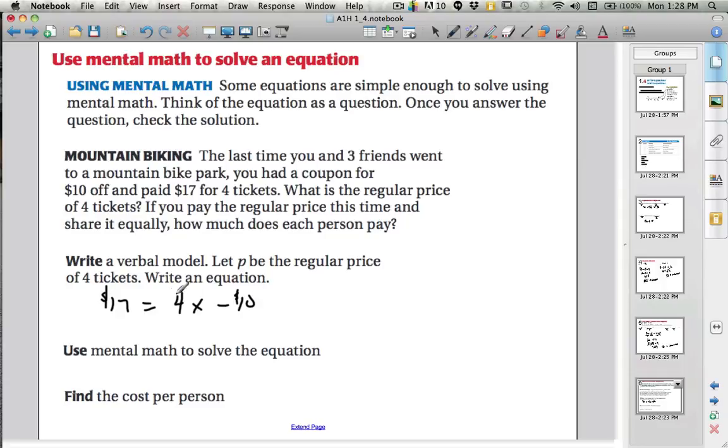As I said, the next verbal model, you'll notice I wrote it as an equation. So if I now want to solve the problem, I know I'm going to add 10 to either side. I'll get $27 is what the 4 tickets cost. And if I divide 27 by 4, what's it going to be? It's going to be $6.75.